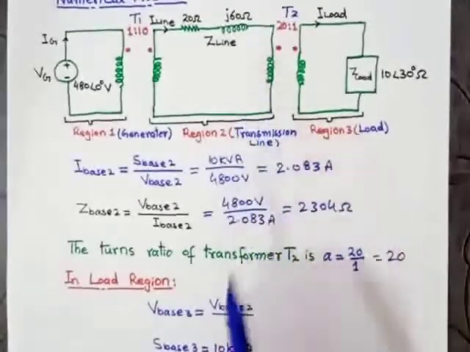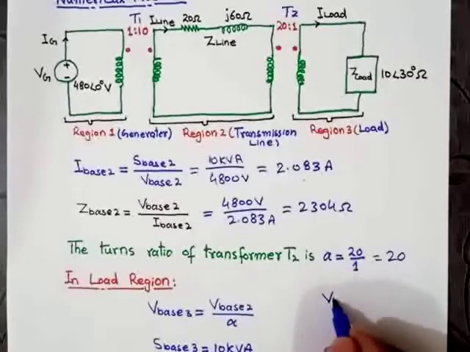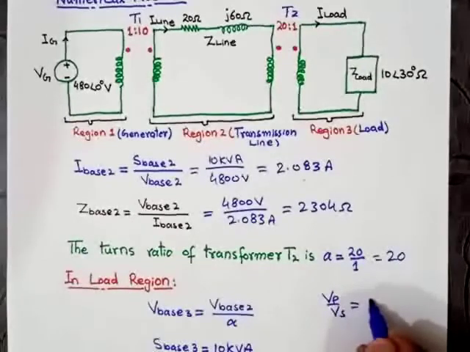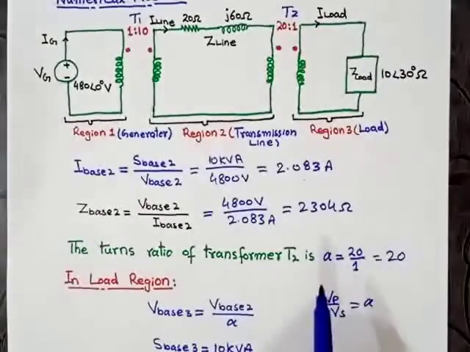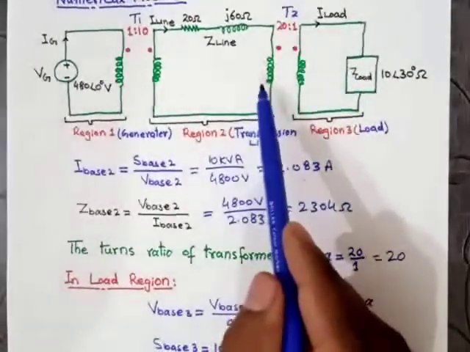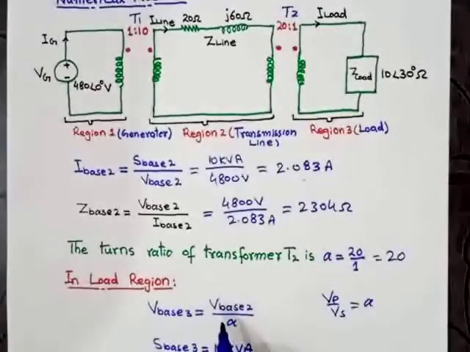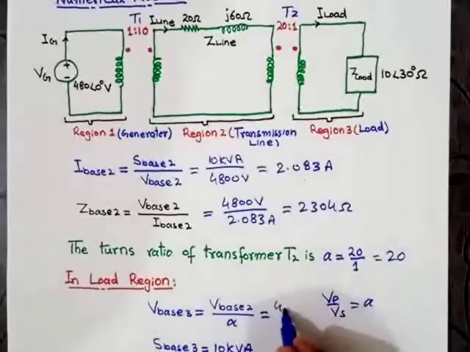As we know, A is equal to Vp over Vs, and here the value of Vs is V base 3 and the value of Vp is V base 2. So therefore Vs, or V base 3, will be equal to V base 2 over A. Putting the value of V base 2 and A in this equation, we get the value of V base 2 is 4800 volt and the value of A is 20.